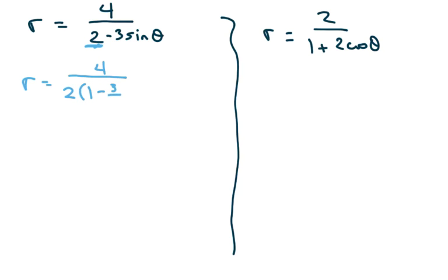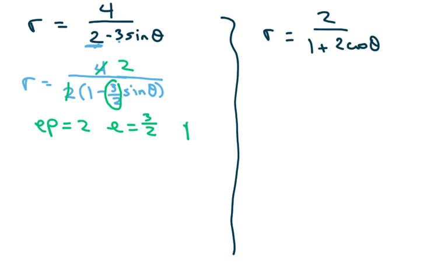So I have to write this as 3/2 sine of theta, because 2 times 3/2 is 3. Now I can reduce, 2 goes into 4 2 times. So now that's my new equation. Now that I have that, I know my ep equals 2. My e equals, right here, 3/2.